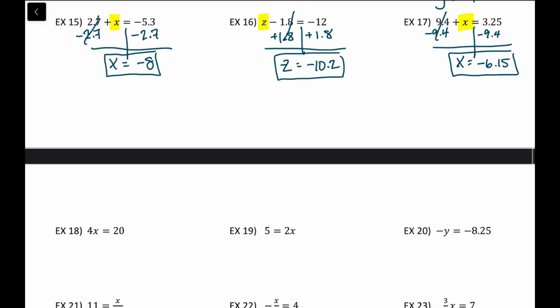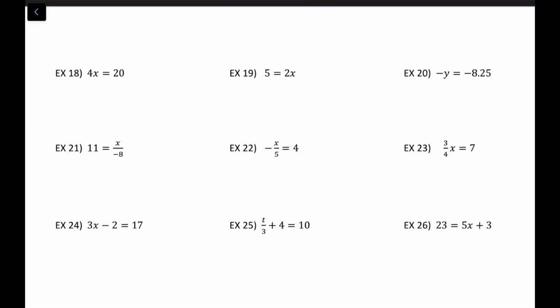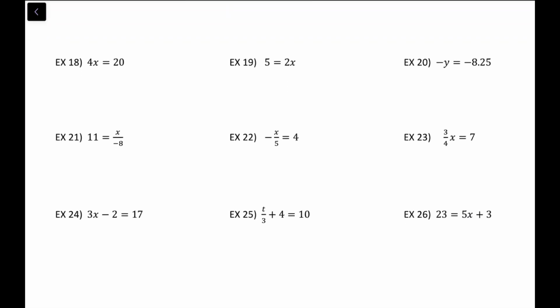We will move on to the next page and do a couple of more that are considered one-step equations. Now this time when I find my x term, it actually has a number attached to it. So this is like saying 4 times x when they're bumped up next to each other.